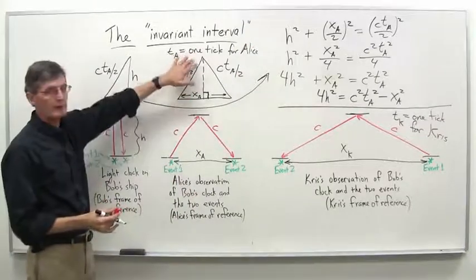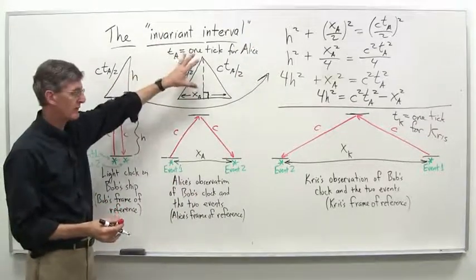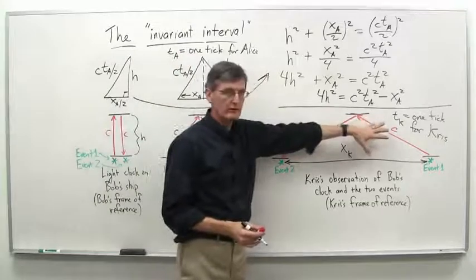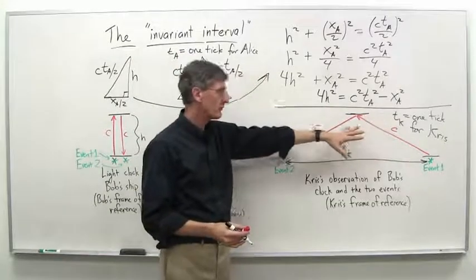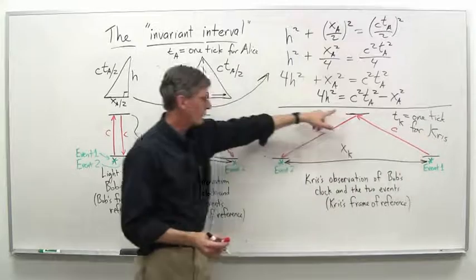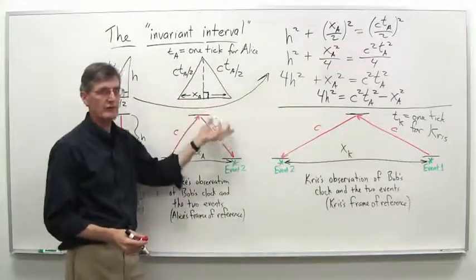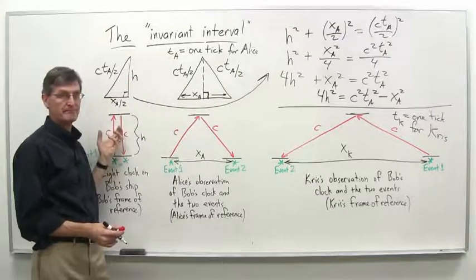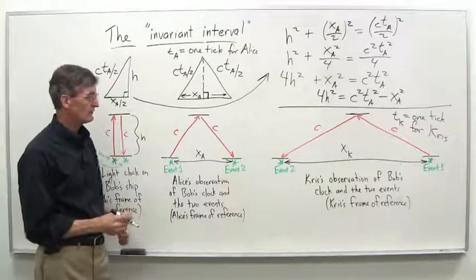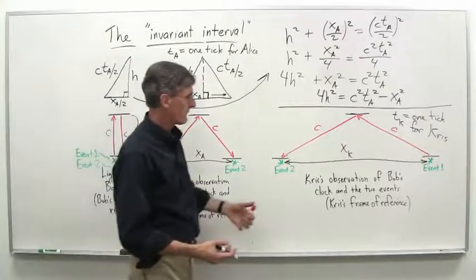So this is 1 tick on Bob's clock from Alice's perspective, her frame of reference, and 1 t sub k is 1 tick on Bob's clock from Chris's perspective. Of course, 1 tick, again, is all the way up there, all the way down there. So she will see slower ticks than Alice will, and they both see slower ticks than Bob does, the time dilation effect there.